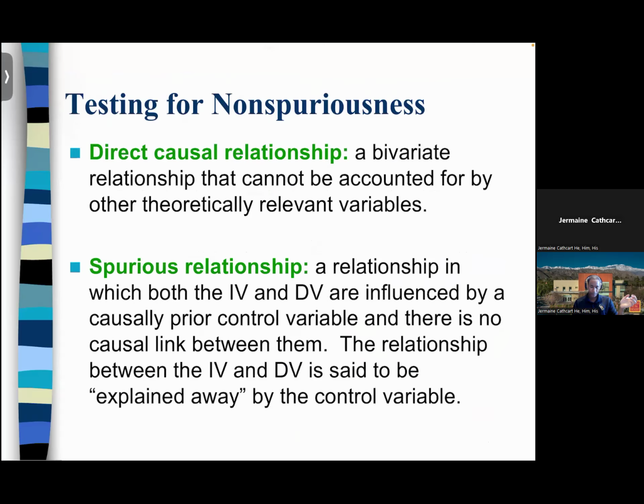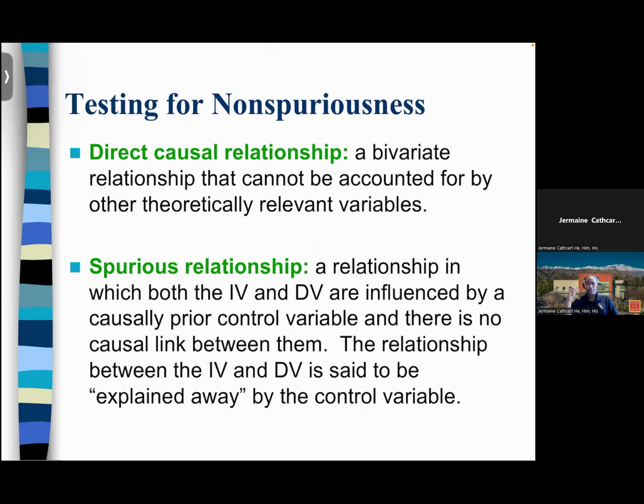Okay, so when we're testing for non-spurious, we want to make sure that we're looking at a direct causal relationship. And it's very difficult to establish a direct causal relationship because correlation does not mean causation. You can see that there's a relationship between the two variables, but that does not mean that one variable inherently causes the other.